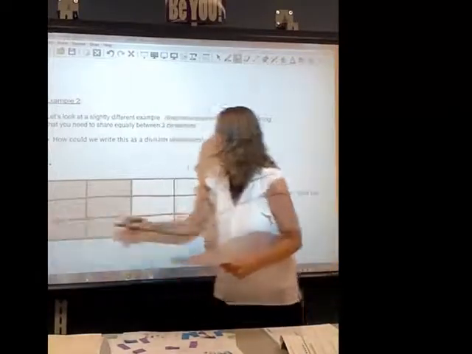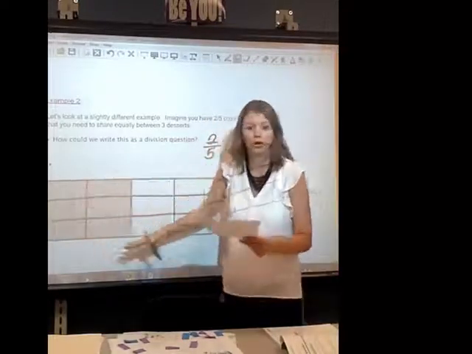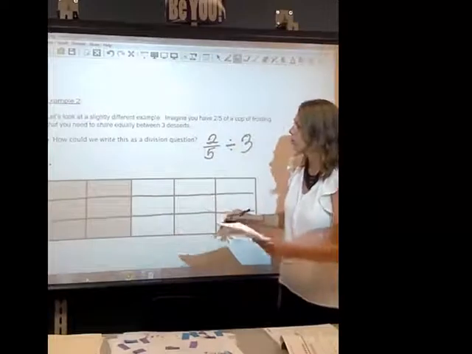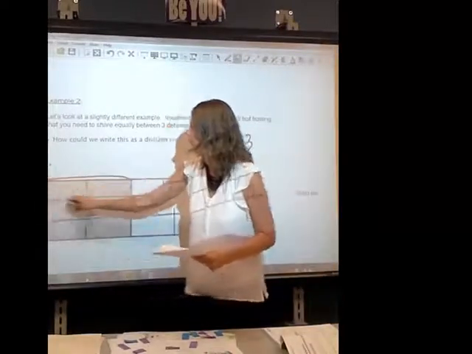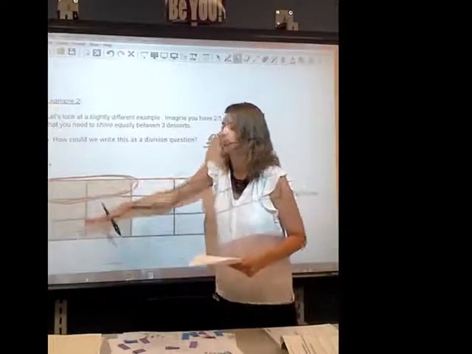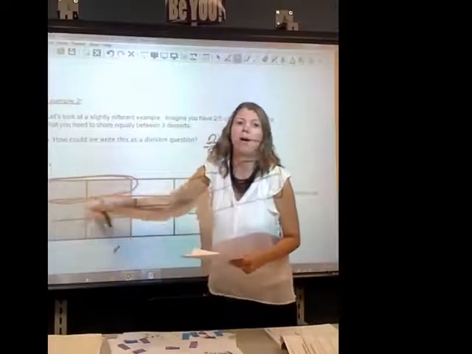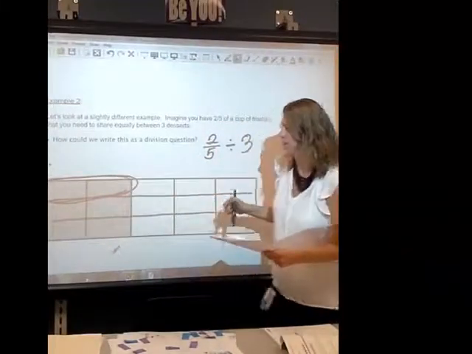And you can now see that I divided my 2/5 into thirds. So 1/3 of the 2/5 is going to be this up here. This is one of the 3 parts of the 2/5 cup of frosting.